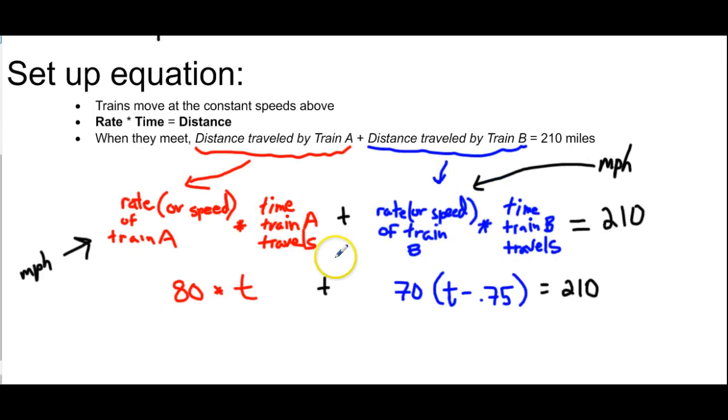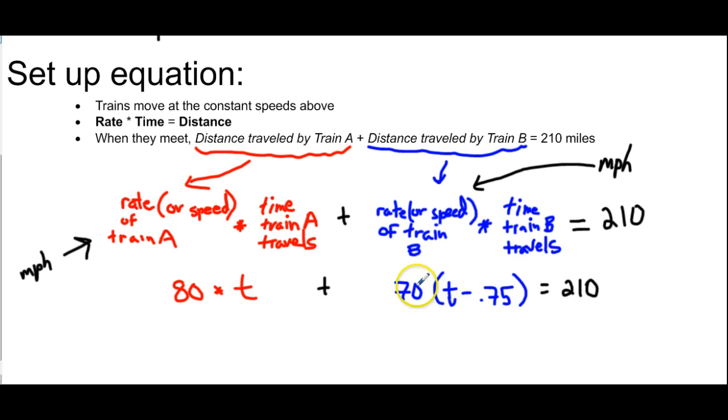Okay, so here is our algebraic equation right here that we're going to be able to solve. 80 miles an hour times the time it travels, we're going to use a variable t, plus 70 miles an hour times, well, the blue train travels 3/4 of an hour less time than the red train.